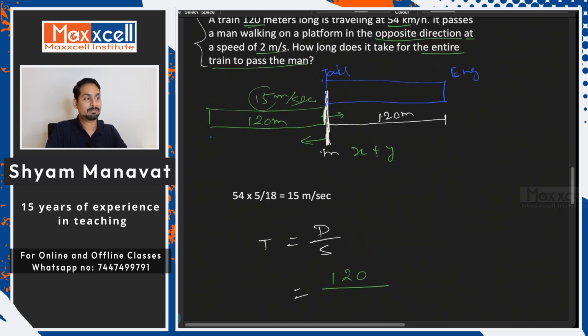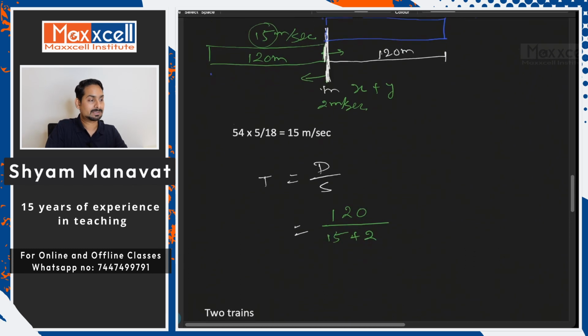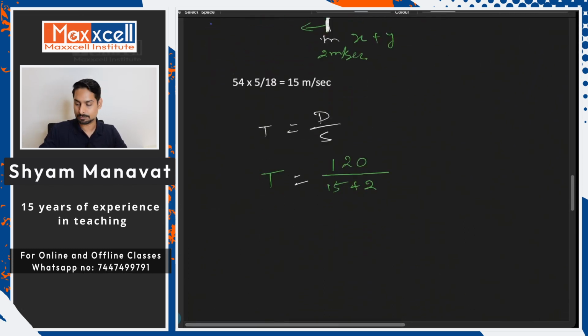Here you have 15 meters per second and the speed of the man is 2 meters per second. Objects are moving in the opposite direction, so relative speed is 15 plus 2. So what do you get here? That is 120 by 17, so you get approximately 7 seconds.